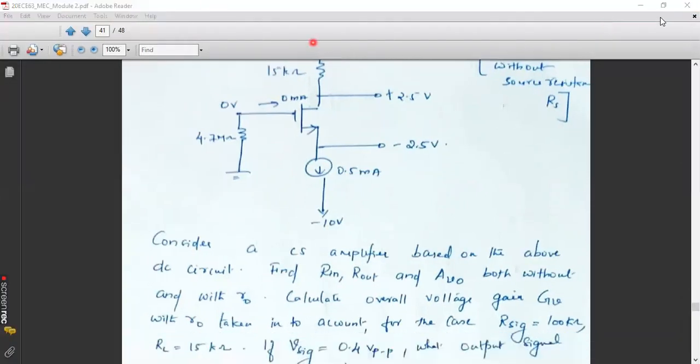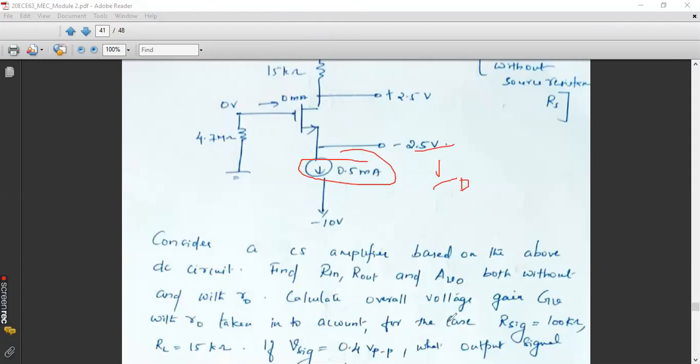To find the R0 value, we have to get the early voltage and capital ID. We have already discussed the equation of R0. R0 is nothing but VA divided by ID. VA is already given to us, and ID is your bias current, the drain current, that is 0.5 milliamps.